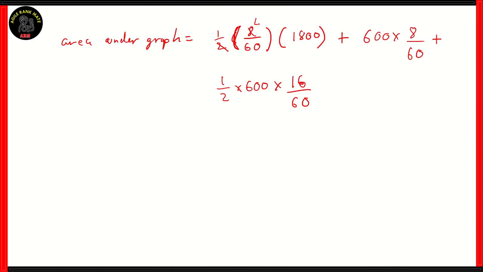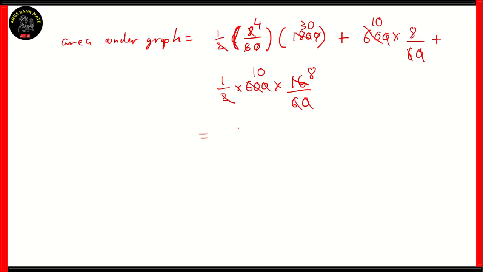Now, 2 goes into 8 4 times. We can cancel out a 0. 6 goes into 18 3 times. So it goes under 180 30 times. Similarly, we can cancel out a 0. 6 goes into 60 10 times. And finally, 2 goes into 16 8 times. We can cut out a 0. 6 goes into 60 10 times.